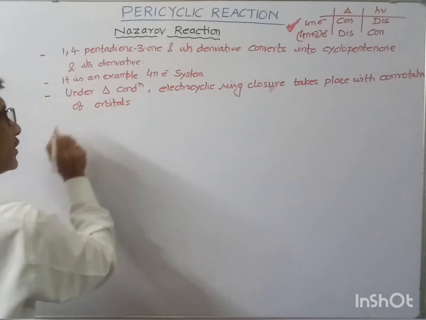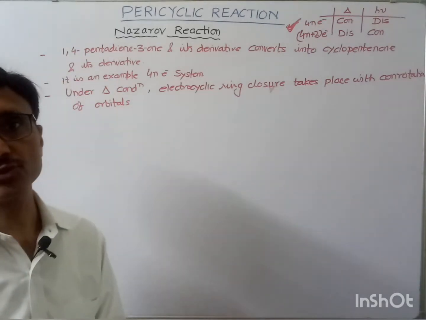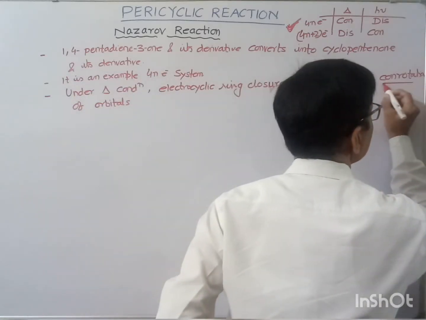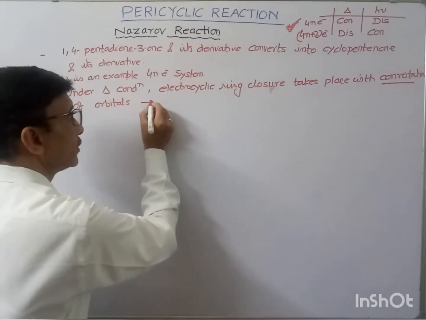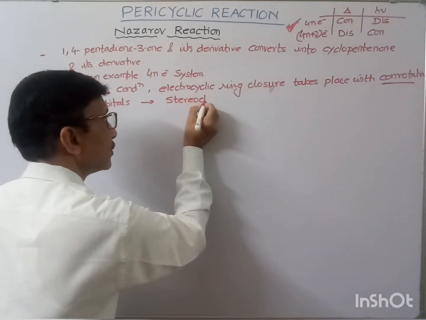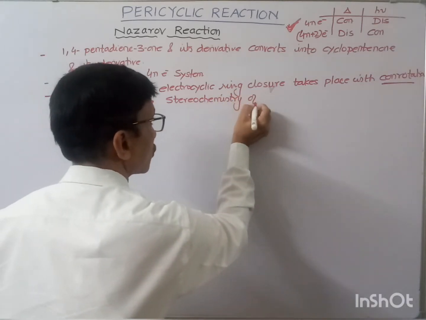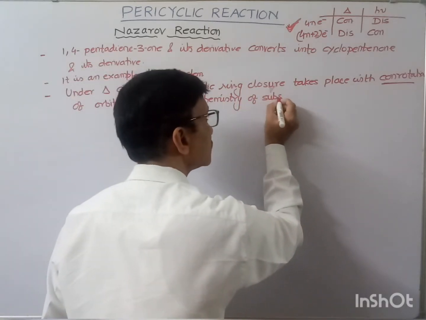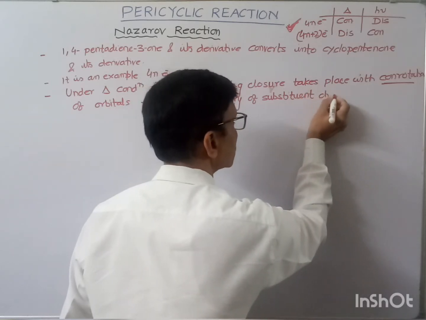And we know that when conrotation occurs, then stereochemistry of the substituent changes. So when conrotation takes place, then in the product the stereochemistry of the substituent, not the orbital, the stereochemistry of the substituent, changes.